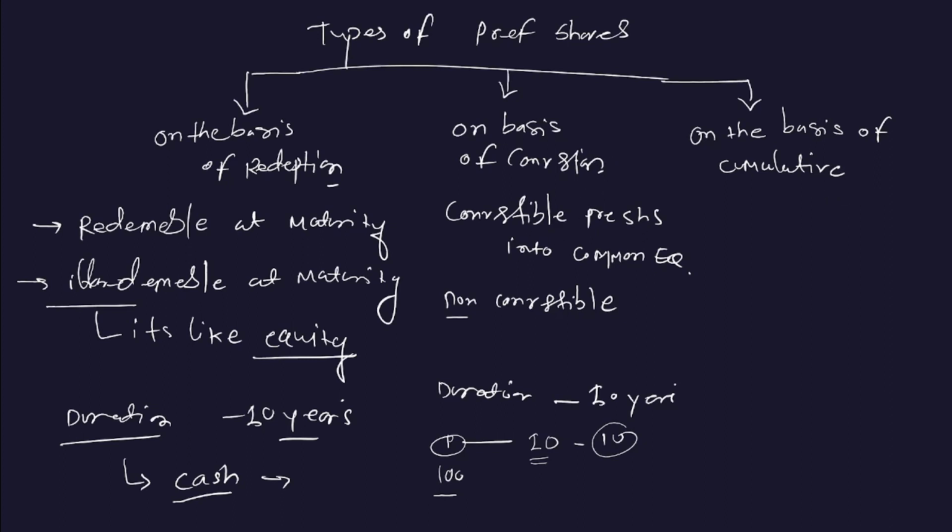And the other part is on the basis of cumulative, in terms of dividend. So what is cumulative? Let's say in the first quarter dividend was offered 10, let's say 10% on invested capital.